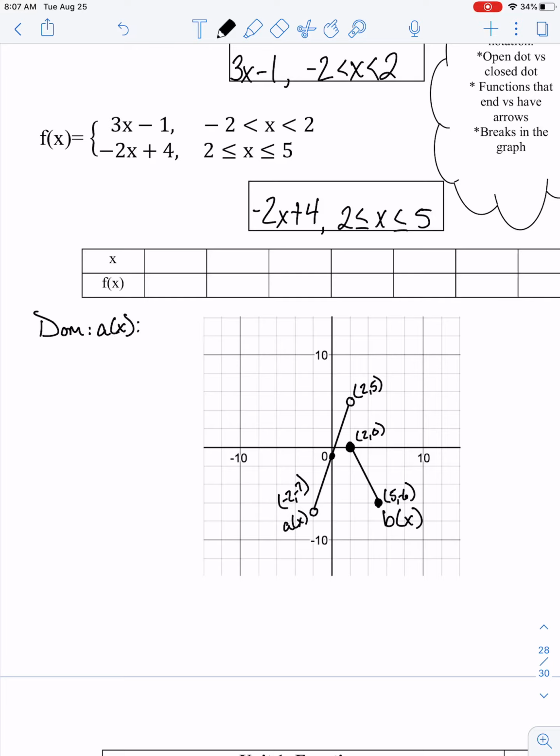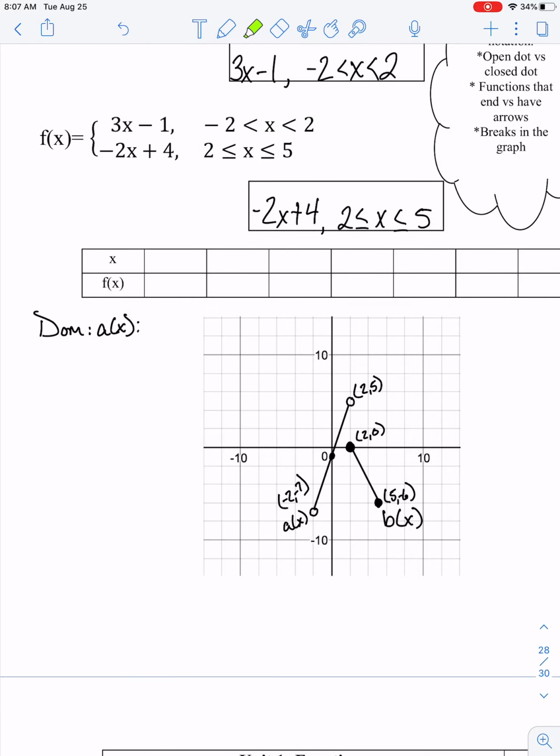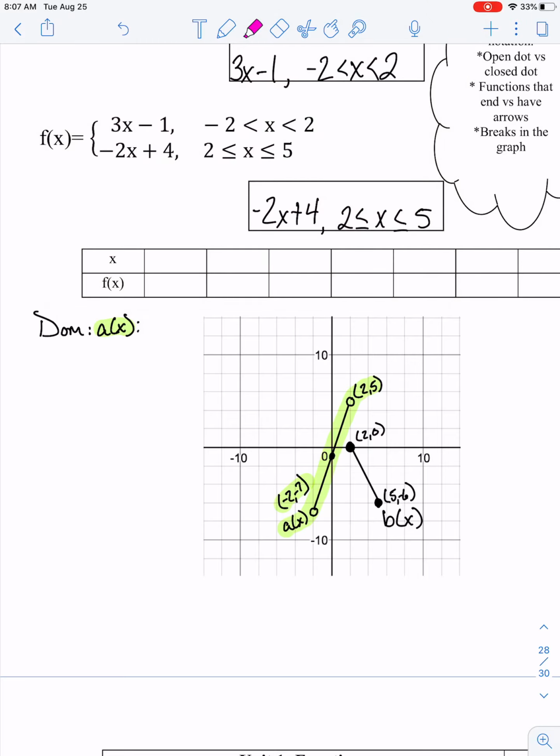Now this is where highlighting or making note of your functions come into play. I knew this when I just highlighted green was a of x because I made a note of that. If you have highlighters, color pencils, right, you can color them along the way. I think that personally makes it a little bit easier.